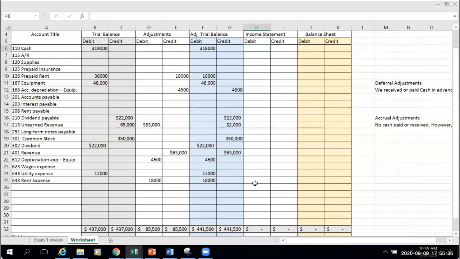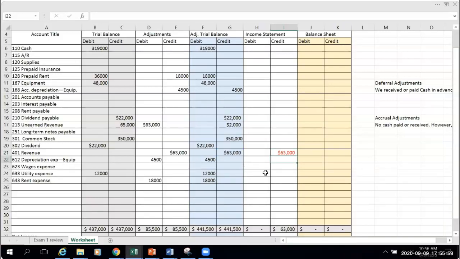That's it, nothing else. Revenue minus expense equals net income. Okay, so let's see where is my revenue here. You see here, revenue is starting from 401, right? So let's go. Equals to revenue, enter.